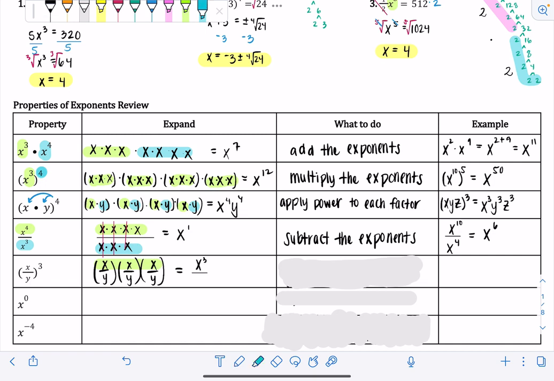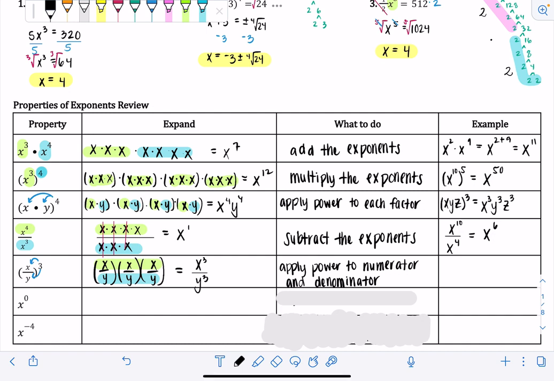And then I have y times y times y in the denominator, so y cubed. So that third power just got applied to both the numerator and denominator. So what to do: apply the power to numerator and denominator.